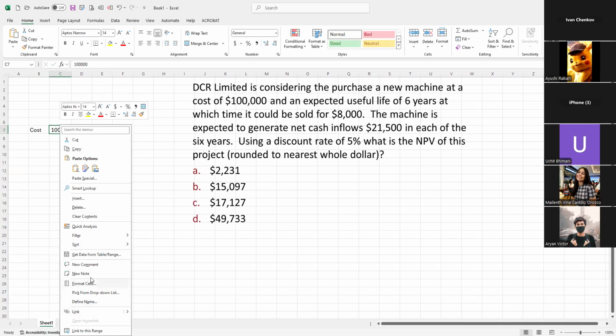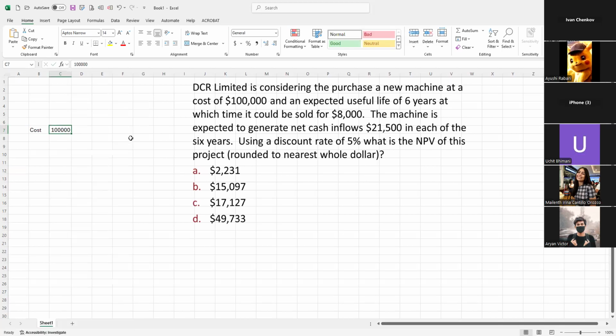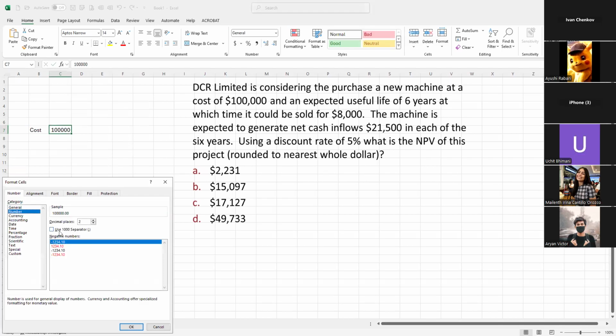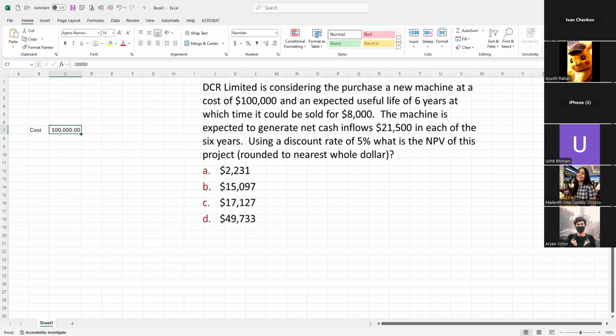I have to be careful here with formatting the cells because they're not going to have the same format. I have cost. I have useful life of 6 years.